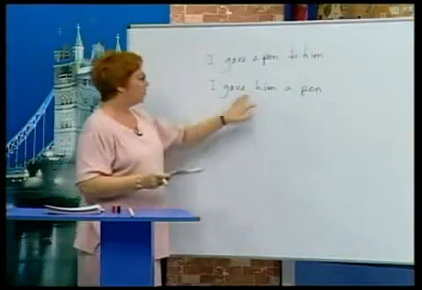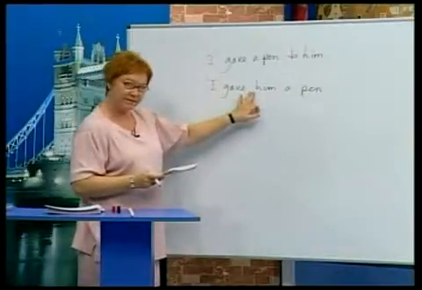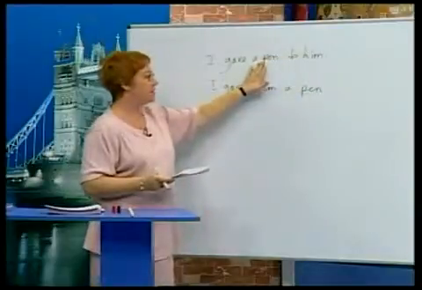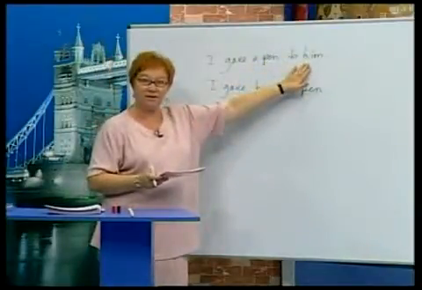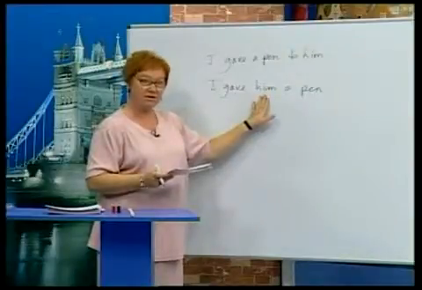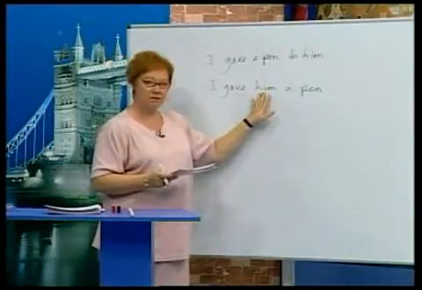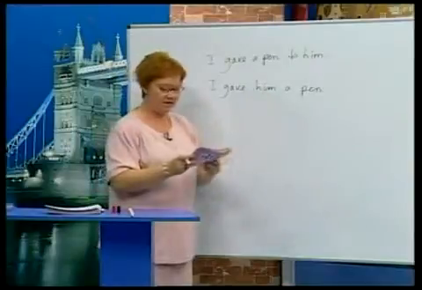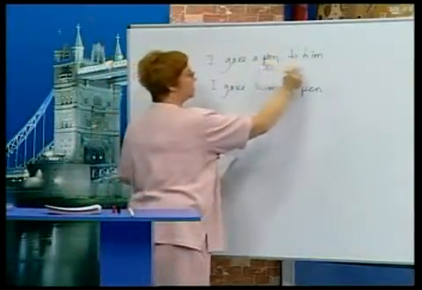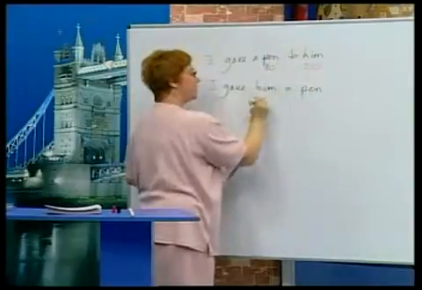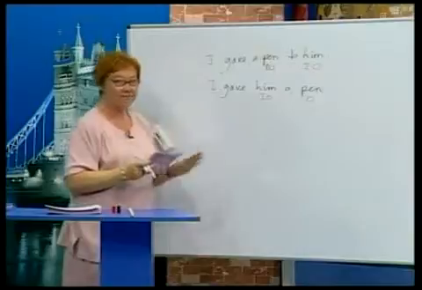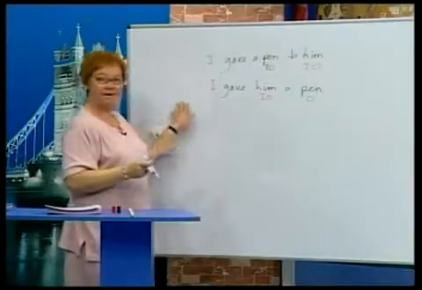Now, there's no to here. Here there is because we have direct object, indirect object. When we put it here, it's still the indirect object, but there's no to, no for. Okay? So they're the same.